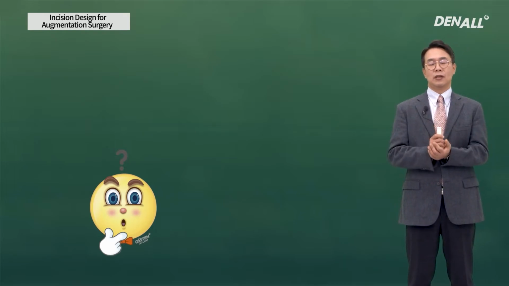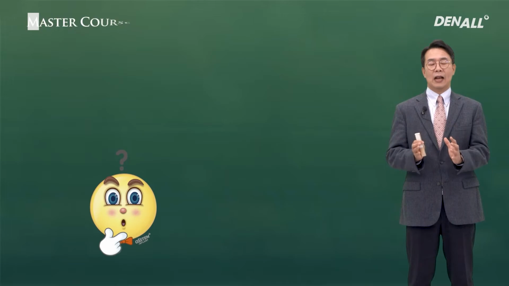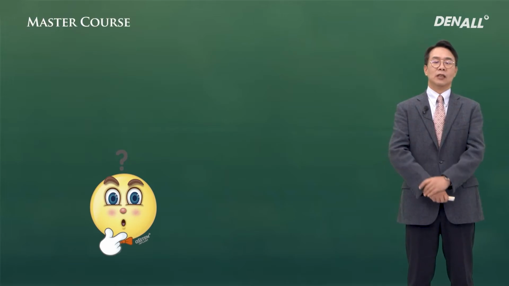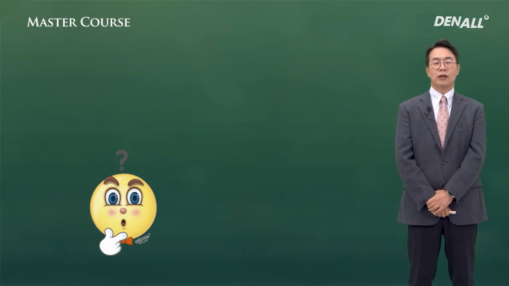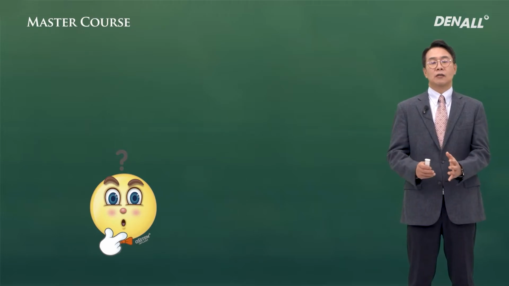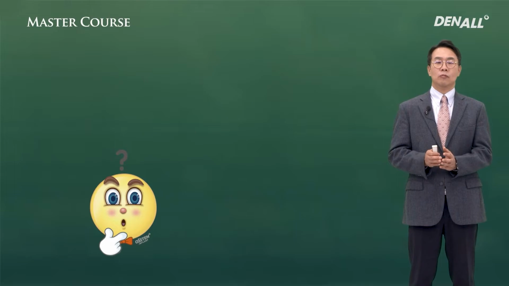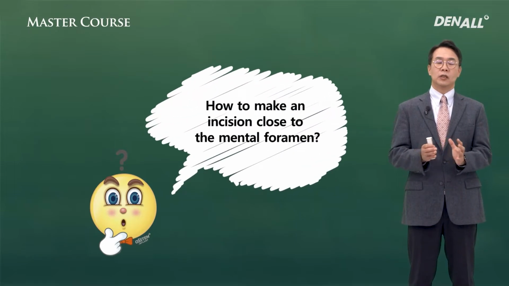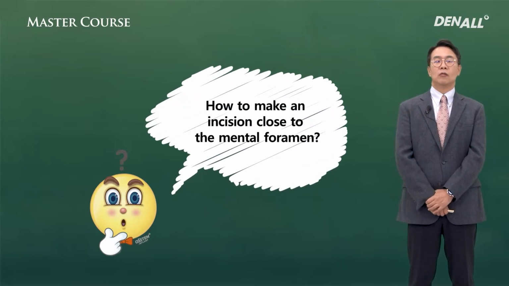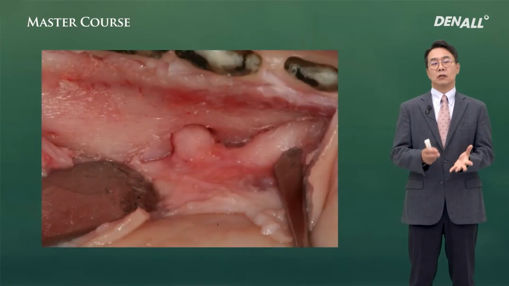In the mandible, with periosteal releasing incision, the extension can be achieved, but in the mandible, we have to be careful near the mental foramen because a nerve is running in there. So what do we need to do?